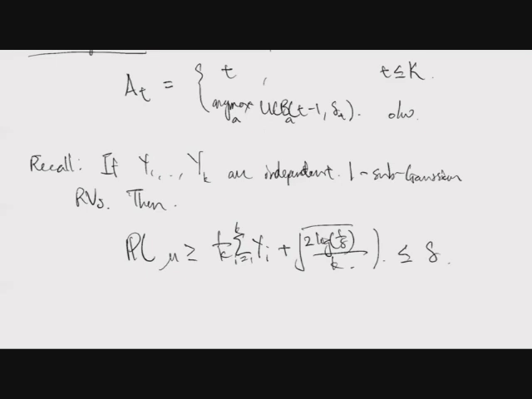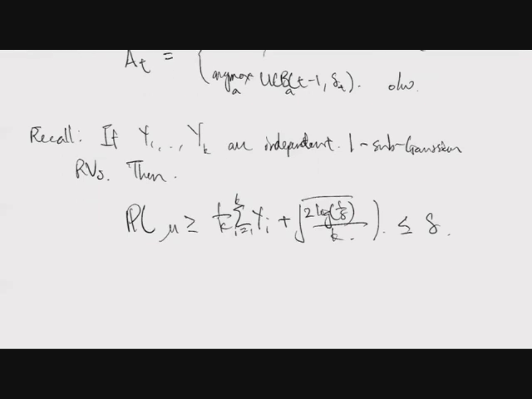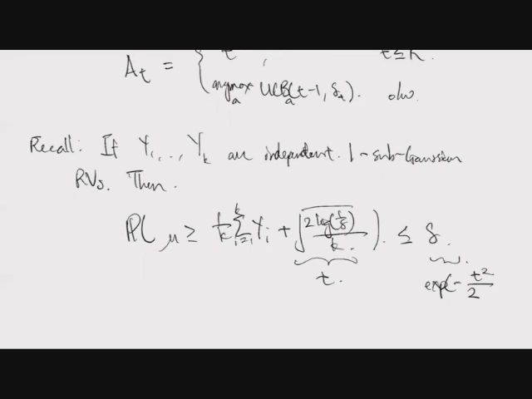Okay, so this is something that we get from Hoeffding's inequality. Hoeffding's inequality starts with replacing this by t. And over here, we have exponential of minus t squared divided by 2 times the sub-Gaussian parameter sigma squared in the denominator here.